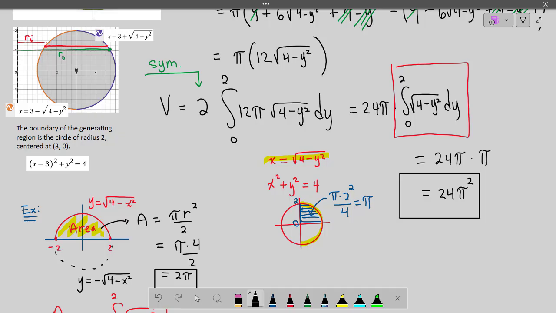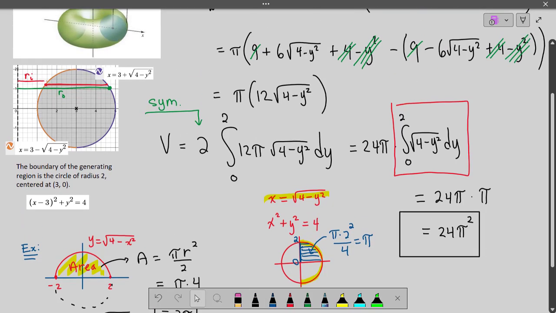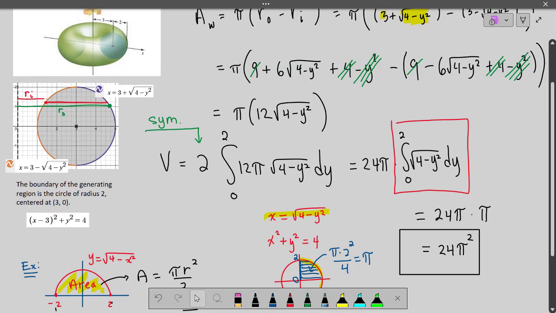But let me ask one other, so we talked about this theorem of Pappus for a second. Somebody tell me what the area of this disk is right here. 4 pi. Now imagine this center of mass. The center of mass for a disk is right in the center. That point is 3, 0.